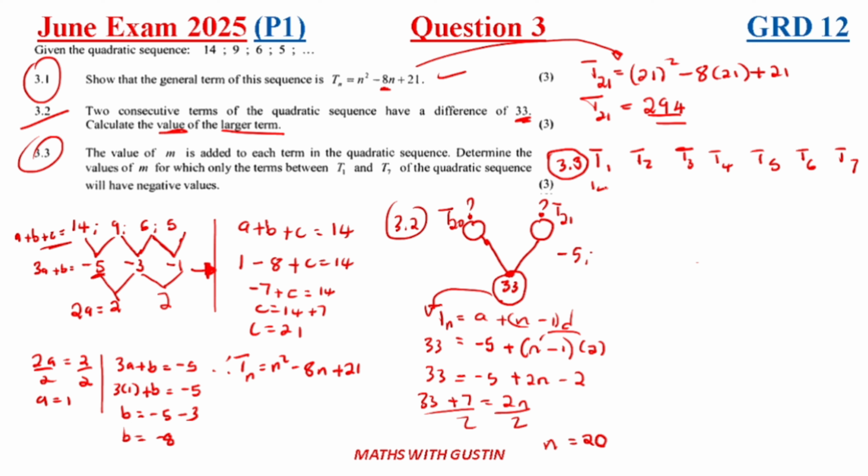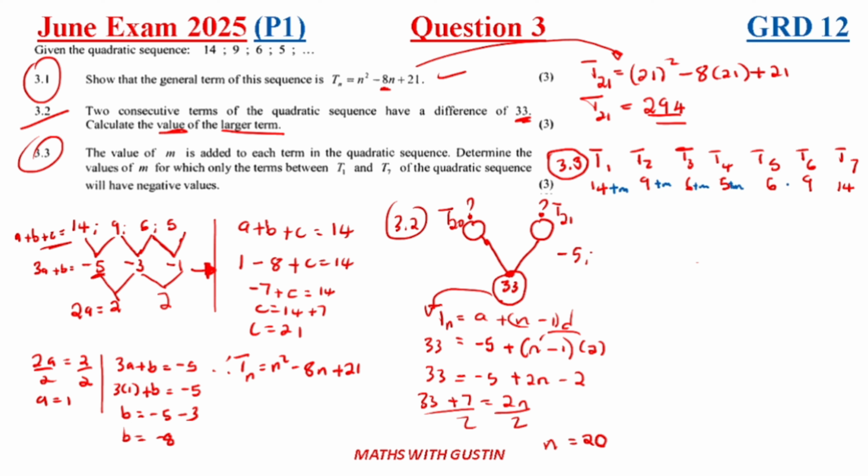I found that t1 is equal to 14, t2 is equal to 9, t3 is 6, t4 is 5, t5 is 6, t6 is 9, t7 is 14. Right, so now basically what are they saying? They're saying what will happen if they add m to each term.